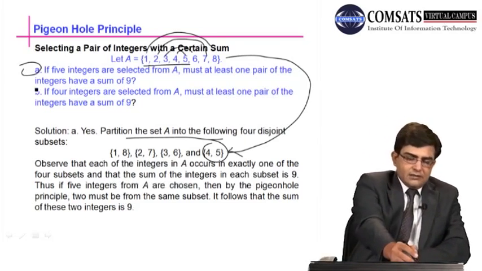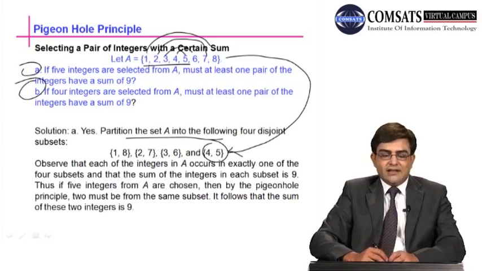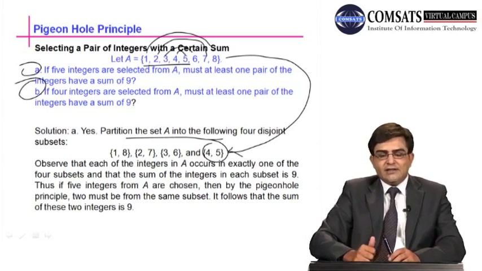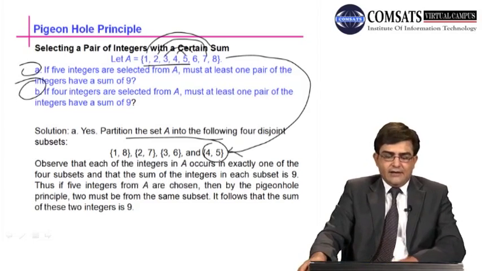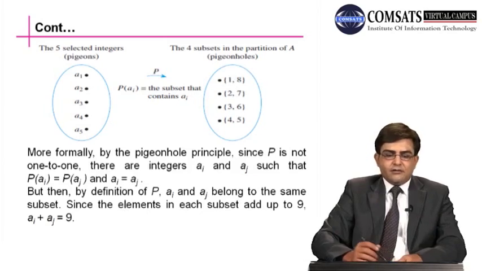Now in the B part, if 4 integers are selected from A, must at least one pair of the integers have a sum of 9? Then obviously no, because in the domain set you have 4 elements and in the codomain set you have 4 elements, that is, 4 subsets of A. Now if you choose 4 elements in set A, then each element can belong to a different subset, so their sum may not be 9. So this is basically a picture of the first part.